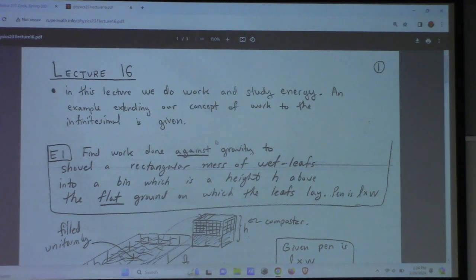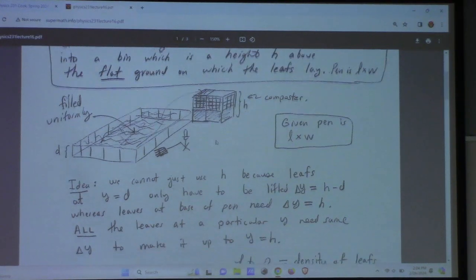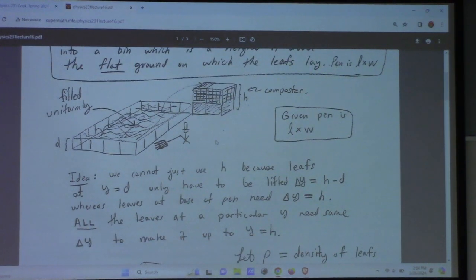But this one: find the work done against gravity to shovel the rectangular mess of wet leaves into a bin, which is height h above the flat ground on which the leaves lay. So I've got these leaves, and I'm shoveling them up into this composter, I guess. The composter has height h, like the base of it. So you're shoveling it at least up to height h. And I said that it's filled uniformly. And let's see here, how do I do it? So there's my very, very sophisticated picture of Mr. Top Hat shoveling.